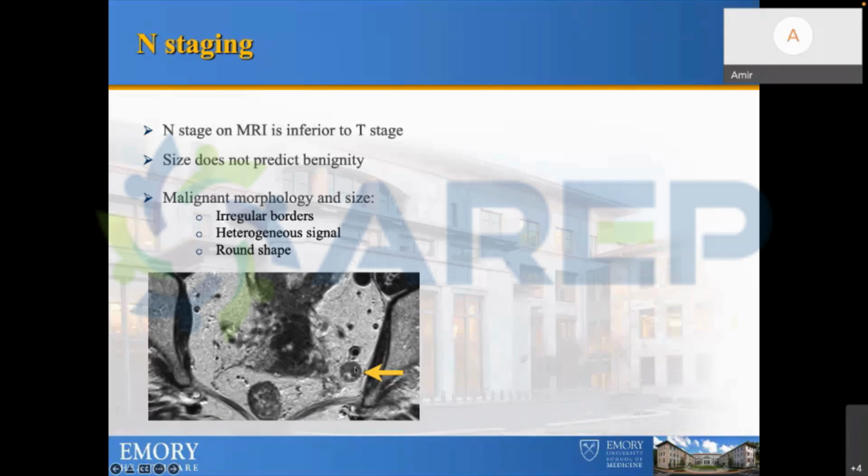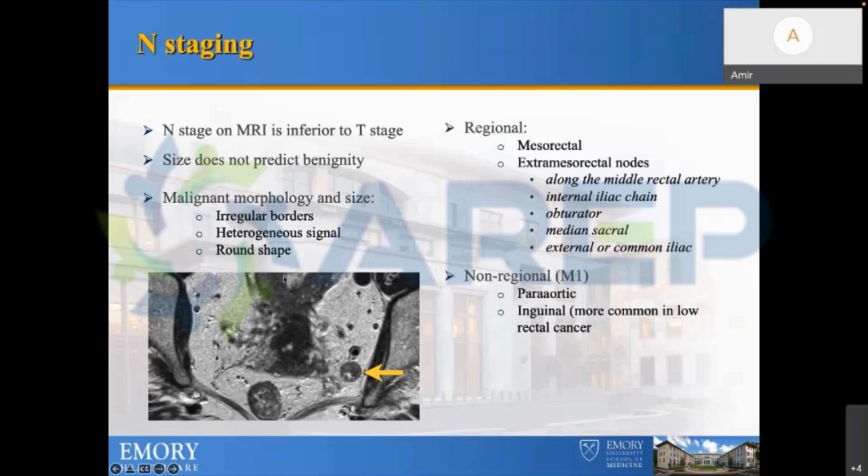So this is an example of heterogeneous signal, and then the round shape. If you see a round shape, that would be only one feature. So if this lymph node is between 5 to 9 millimeters, because it has two features, it will be abnormal. If it's below 5 millimeters, it needs to have all three features to be called abnormal.